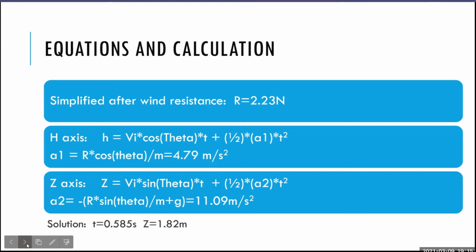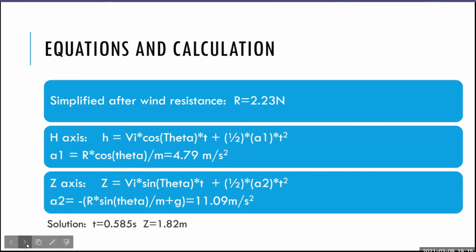Then we get equation 2. From these equations, we can solve for two unknowns. We don't know the time t, and we don't know the z. But we have two equations, so we can solve the two unknowns. And then it's about calculation.